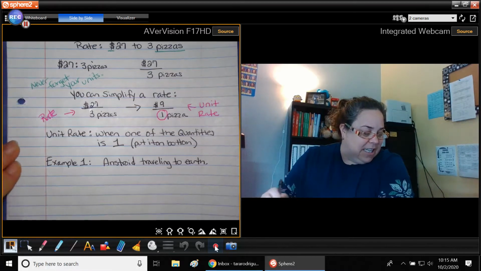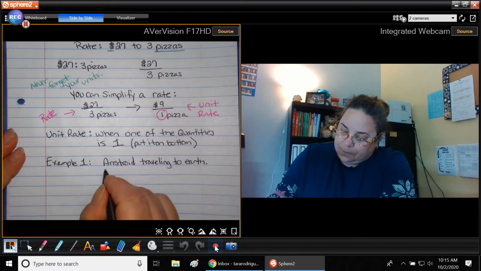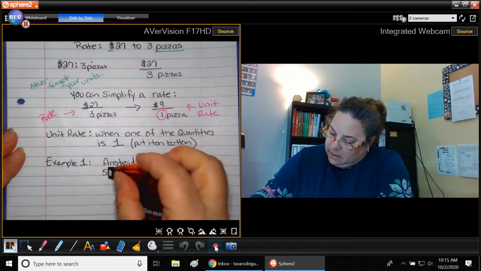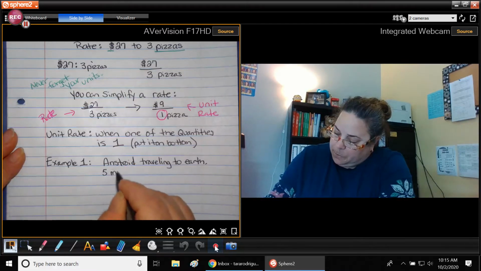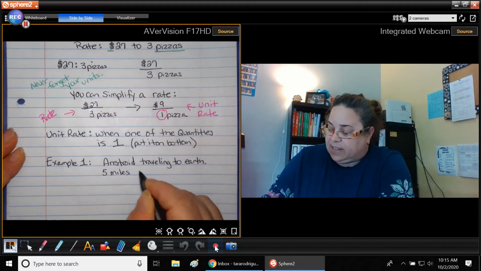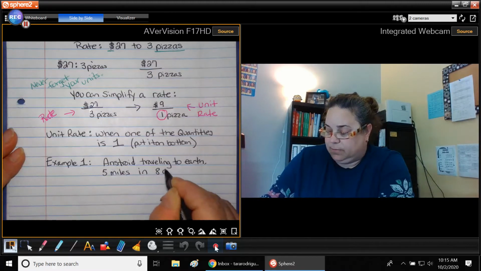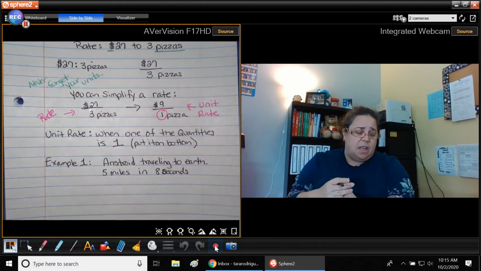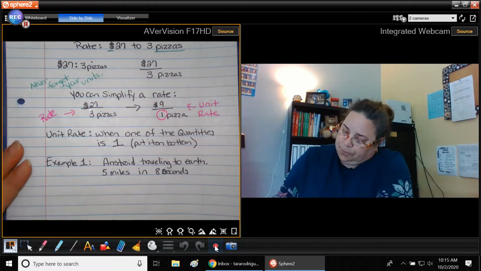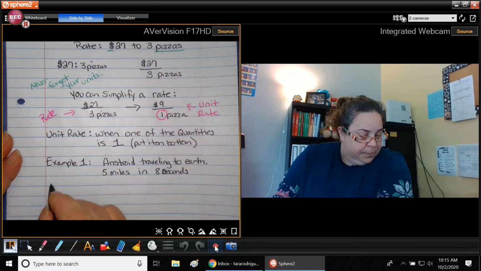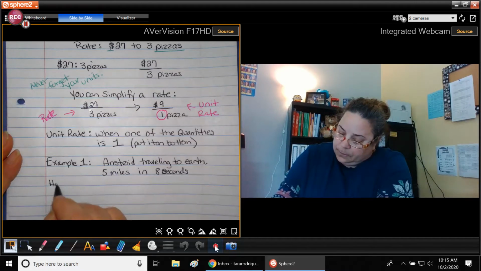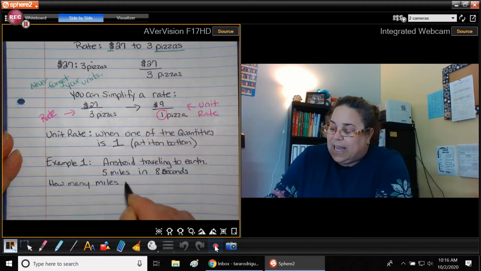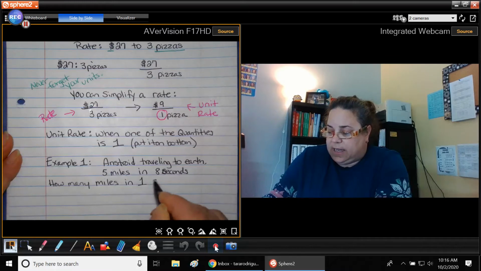And it is traveling 5 miles in 8 seconds. Oh my goodness, that's fast. Okay. We want to find out how many miles in 1 second.